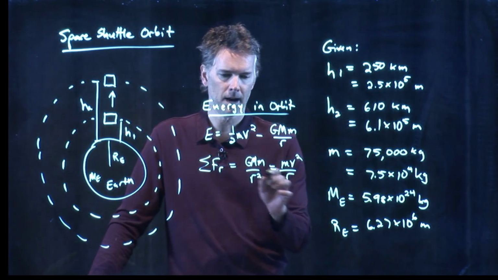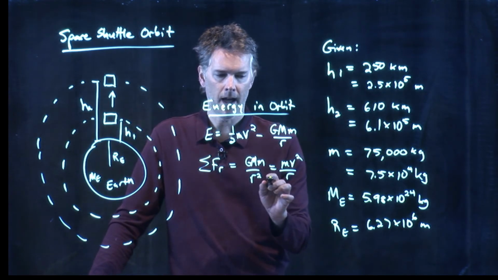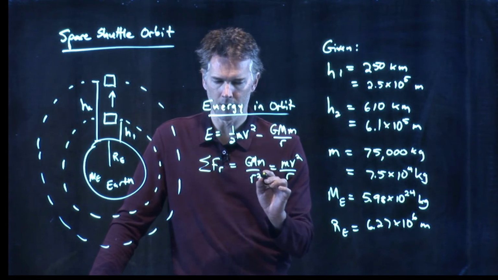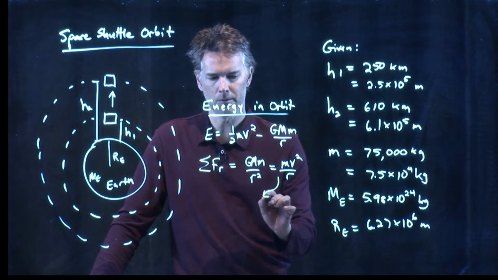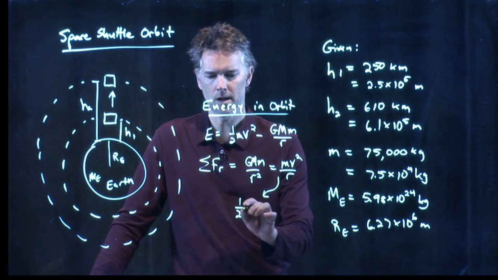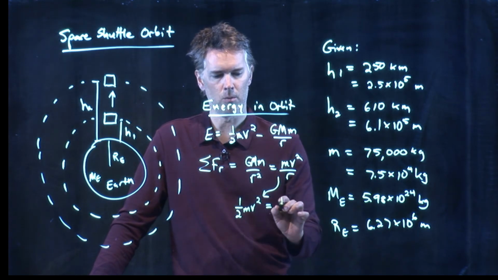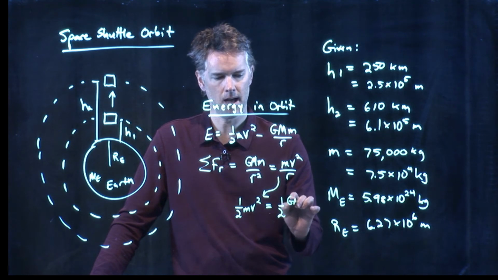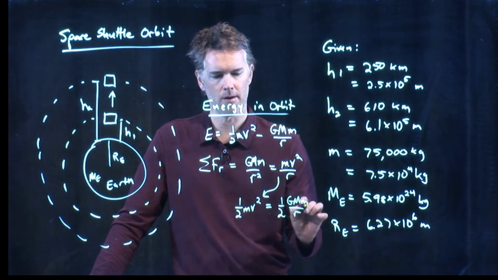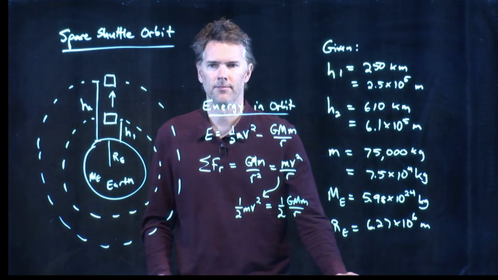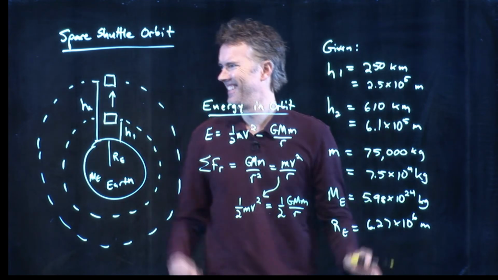If I multiply by r on both sides, and I multiply by a half on both sides, I can rewrite this as the following. 1/2 mv squared equals 1/2 GMm over r. And I saw the light.